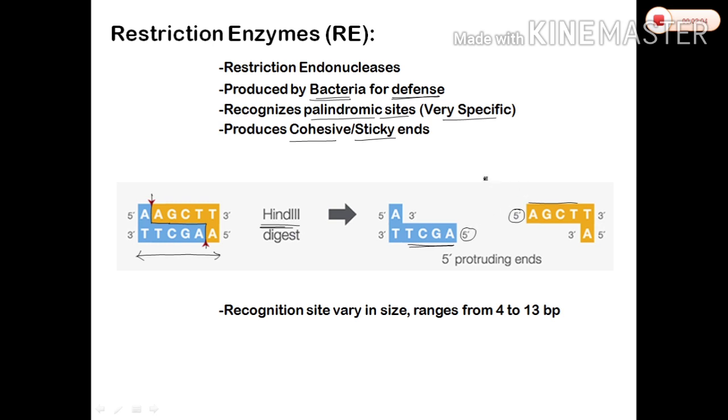The recognition site we discussed for HindIII is 6 nucleotides long, but it may vary from restriction enzyme to restriction enzyme, from 4 to 13 base pairs. To have more knowledge on restriction enzymes, on my channel there is a separate lecture you can refer to.